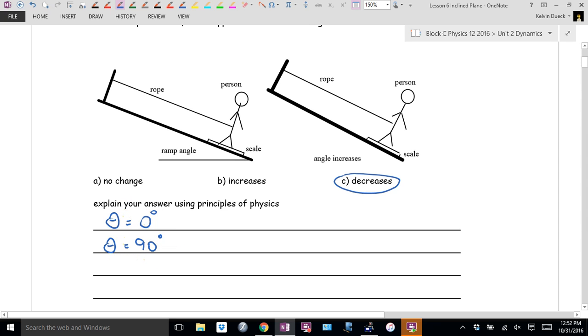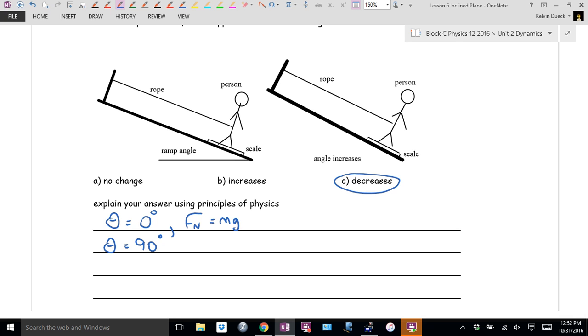If we're flat, if theta equals 0 degrees, what would the normal force be reading in terms of the free body diagram? What would it display? Yes, the normal force just equals mg. You okay with that? What if it was vertical and the guy was dangling from the rope?